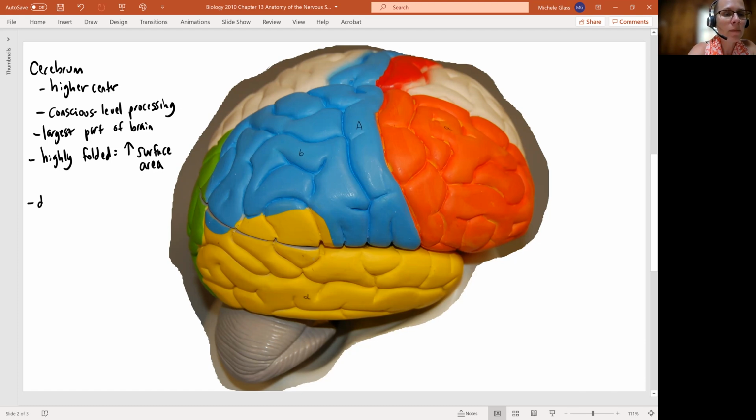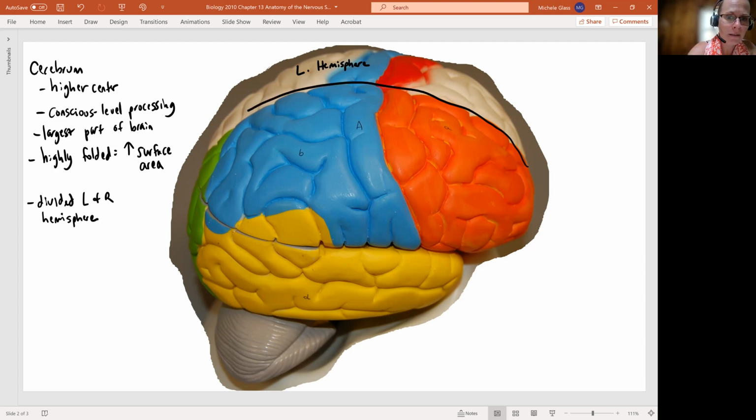It is divided up into a left and a right hemisphere. In this picture, you're able to see the left hemisphere as that tan colored, and then there's a line dividing, and we call this line the longitudinal fissure, where the term fissure is talking about a pretty deep groove.